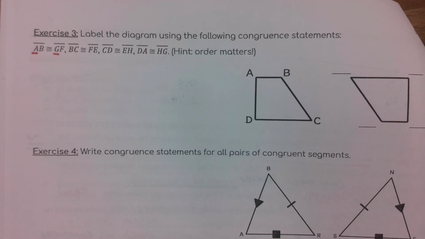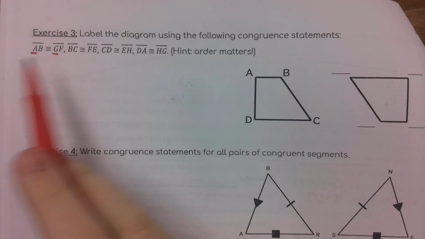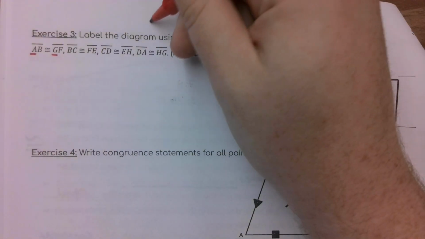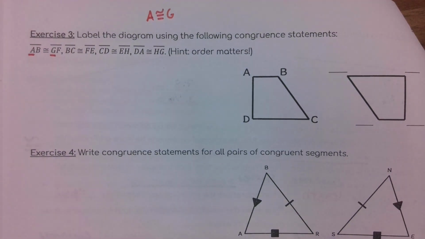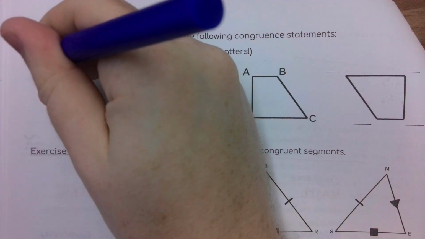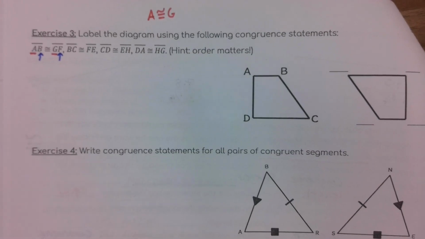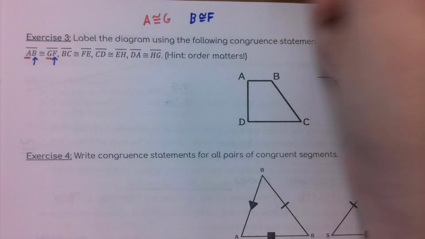This is telling us that point A and point G are in the same position across both figures. In other words, point A is congruent to point G. They're the same. Similarly, points B and F are in the same positions in these statements. So B is congruent to F.